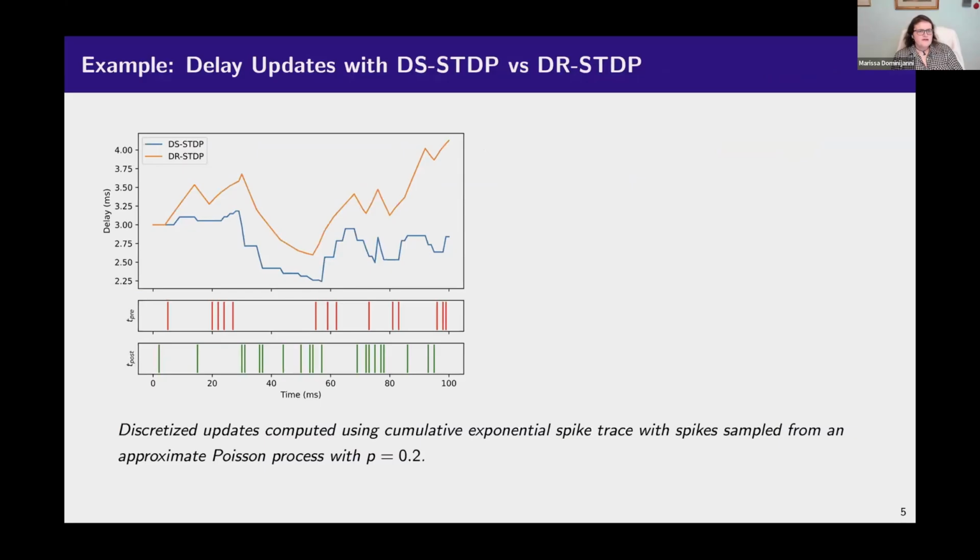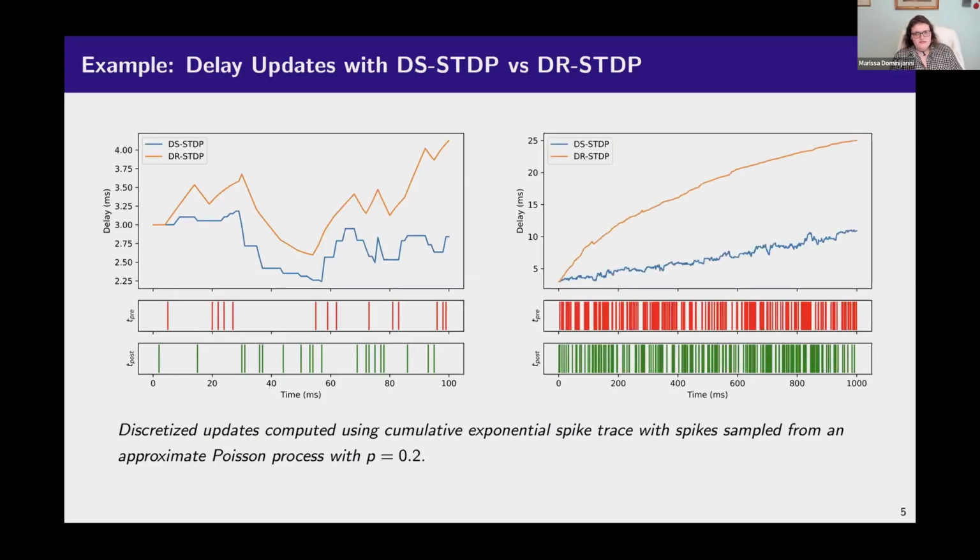In spite of the similarities, when you actually look at an example, in the short run, we can see the updates are pretty much proportional, although slightly different, using randomly generated spike trains, and here using a cumulative exponential kernel for DSSTDP. Over the long run, these diverge quite a bit.